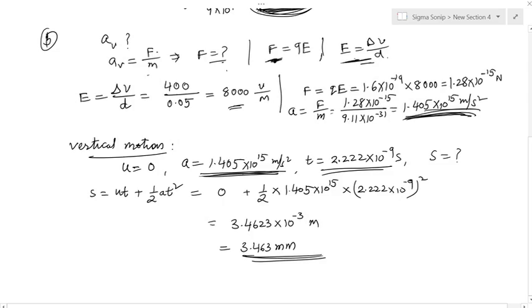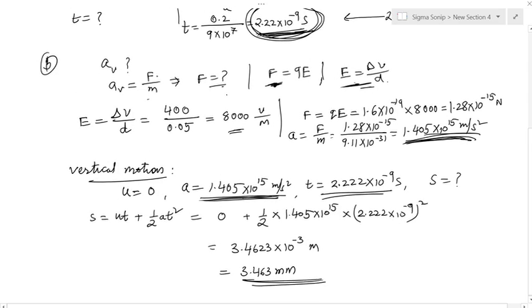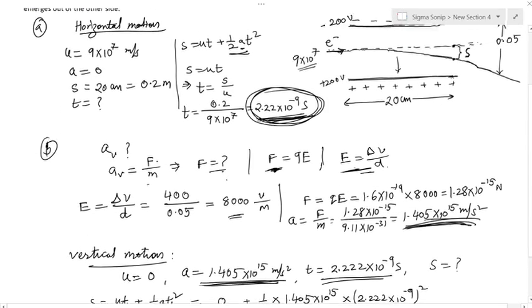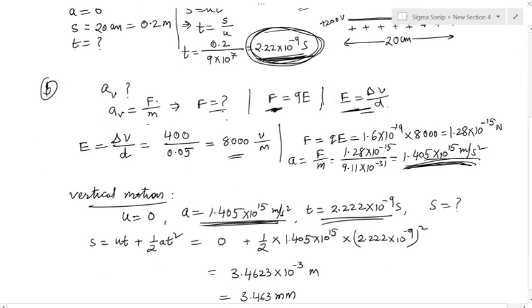So this will be the deflection, the deviation of the electron from its original path when it emerges out of the plates.